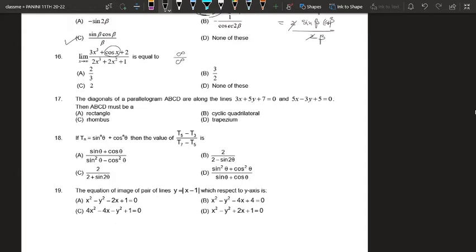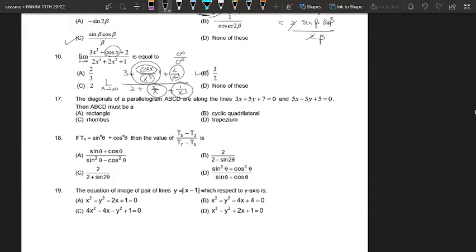If we take the highest power, x cube, common from numerator and denominator: 3 plus cos x over x cube plus 2 by x cube, and in the denominator 2 plus 2 by x plus 1 over x cube. Now as x tends towards infinity, something lying between -1 and 1 over something tending towards infinity tends towards 0. The whole thing tends towards 0, so the answer should be 3 by 2.